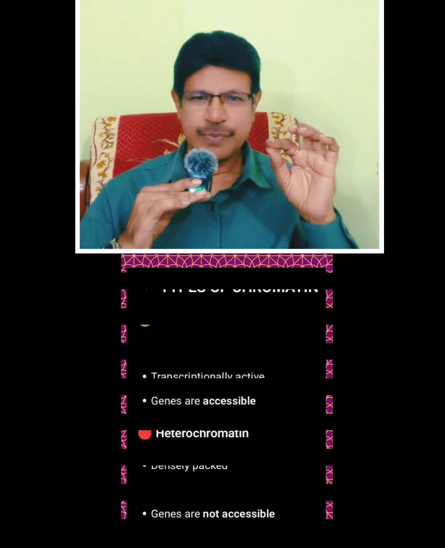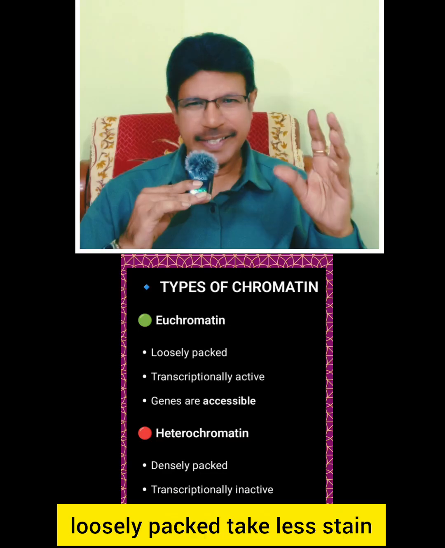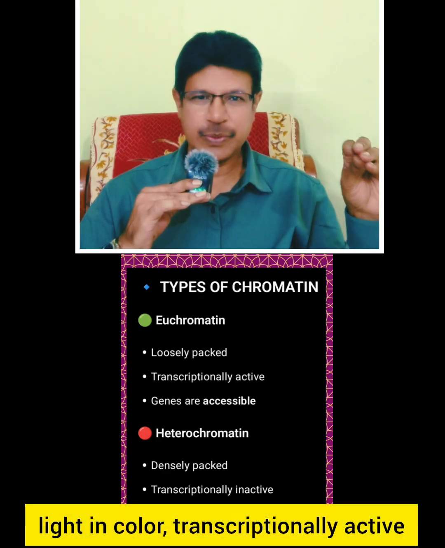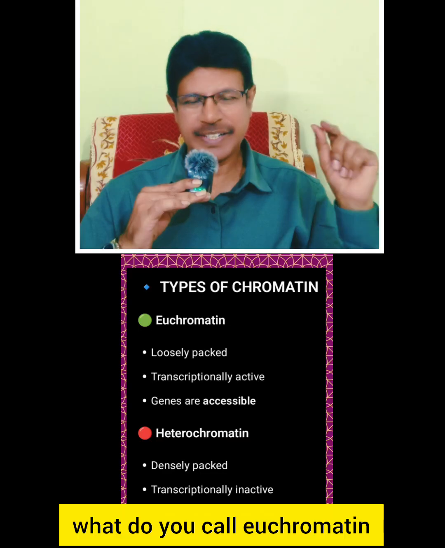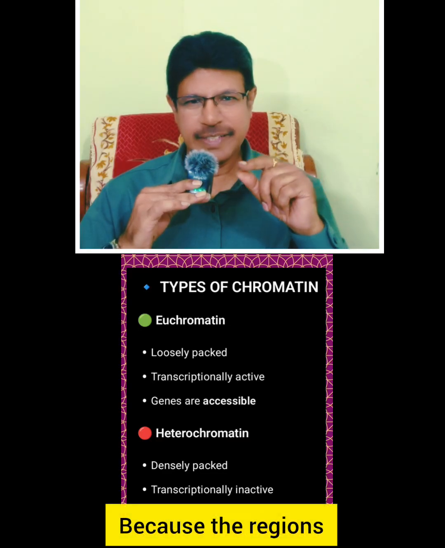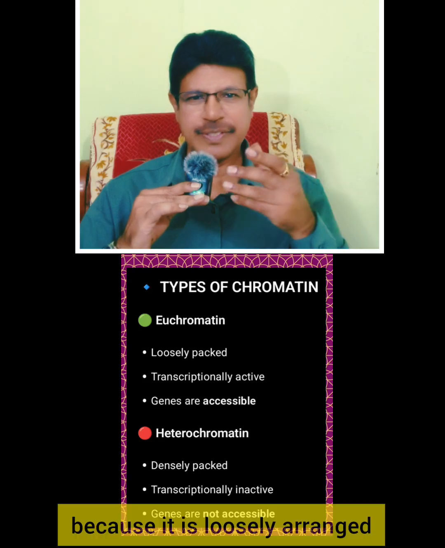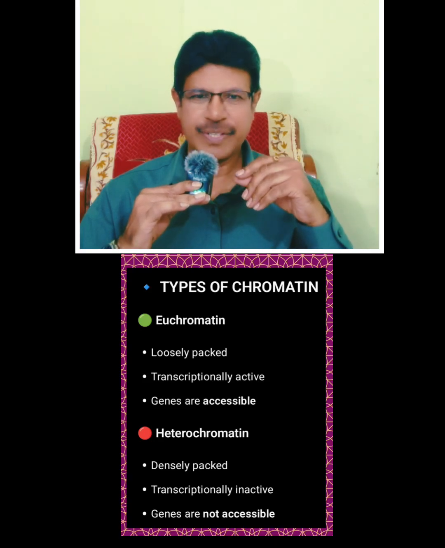Next, chromatin that is loosely packed, takes less stain, is light in color and is transcriptionally active is called euchromatin, because these are the regions accessible to the transcription unit, since it is loosely arranged.